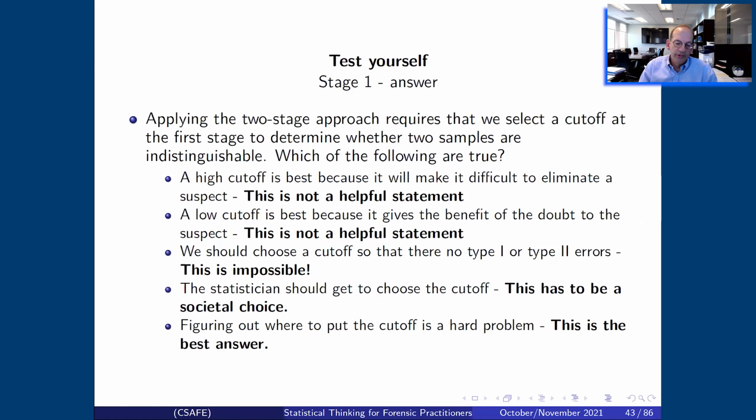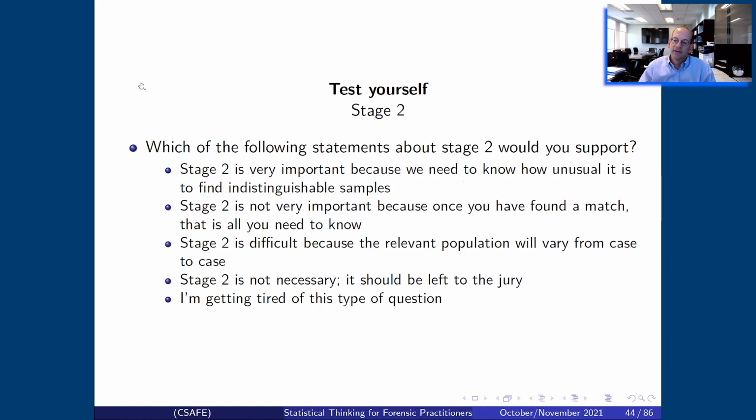And of course, we all realize by the end of this conversation that figuring out where to put the cutoff is actually a challenging problem when there is the opportunity for error. And the statisticians tend to think that's pretty much always the case. So cutoff is hard. And then here's a second question about stage 2.